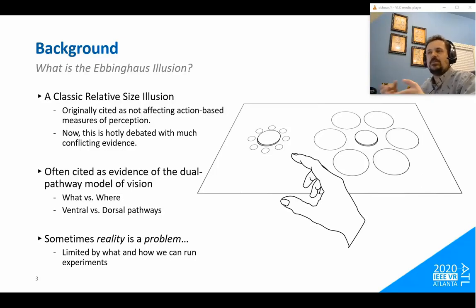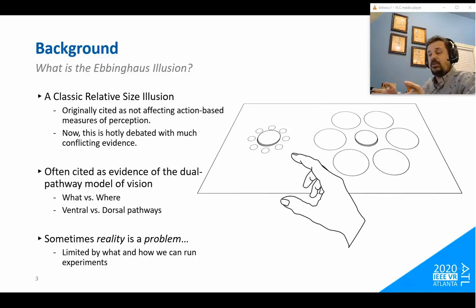It's also been used as evidence for the dual pathway model of vision. There's a lot of other evidence for that model in addition to the studies indicating that visual illusions don't typically affect action-based tasks.